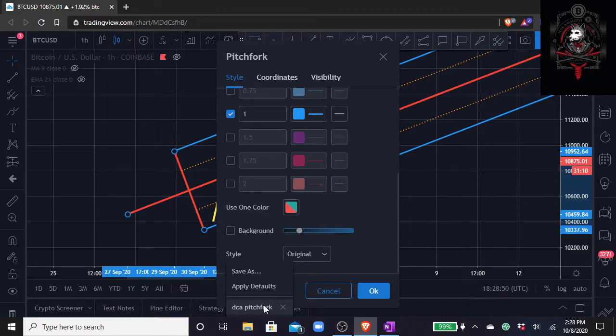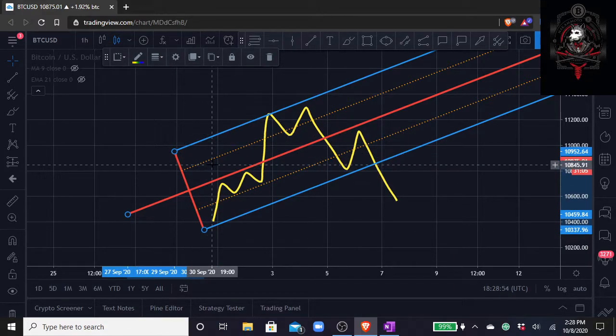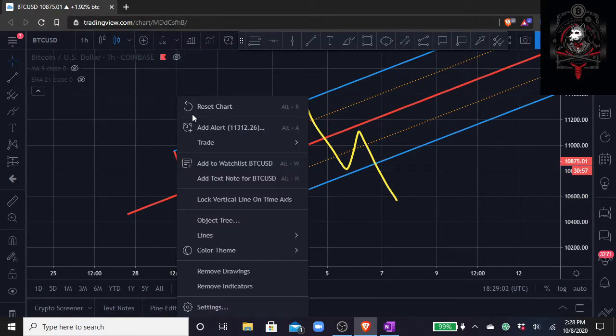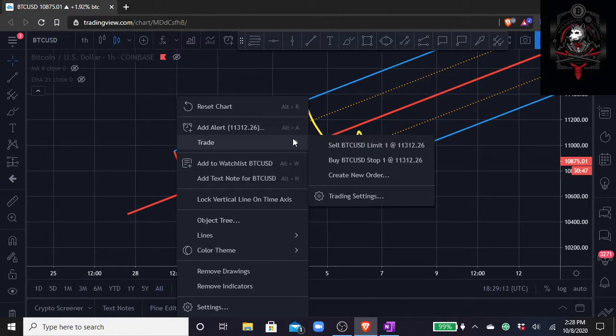And see, mine says DCA pitchfork. So you do that to your regular one, and then when you make your extended pitchfork, save that as a template too. Then you can pop back and forth on putting the regular one on and then your extended one on. That way you don't have to keep setting it up every time, which is pretty nice.